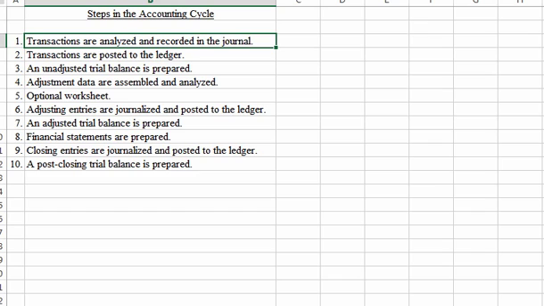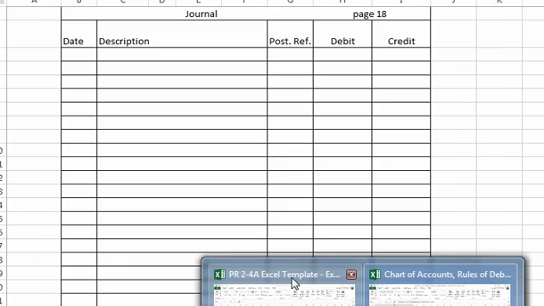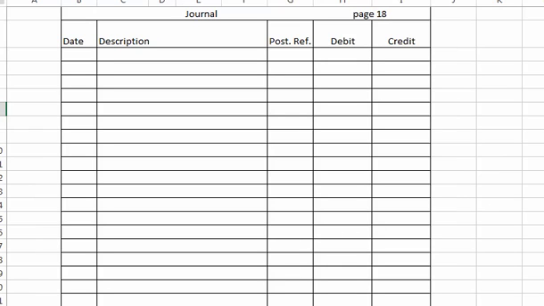So we'll start with the journal, and you can work this problem along with me on the PR 2-4A Excel template that I've posted there on the page for you. It looks like this. Let's first take a look at the problem.